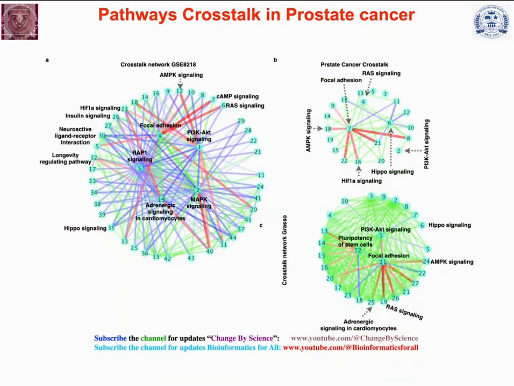Now, it comes to the best way of presenting the prostate cancer pathways crosstalk. So here, this is the first data set where you can see that is GSE 8218. What you are seeing here, there are more pathways which are showing the crosstalk with each other.